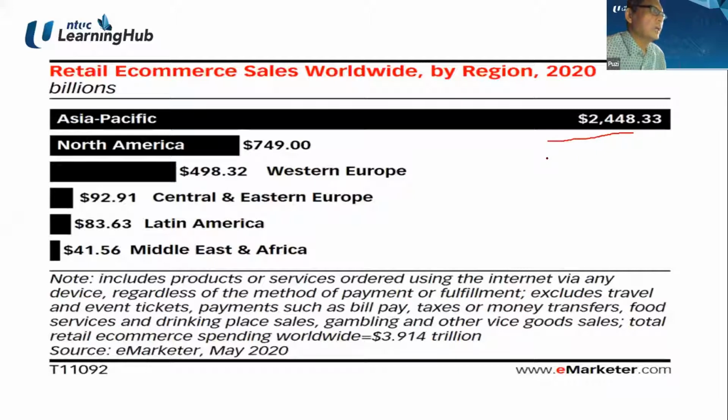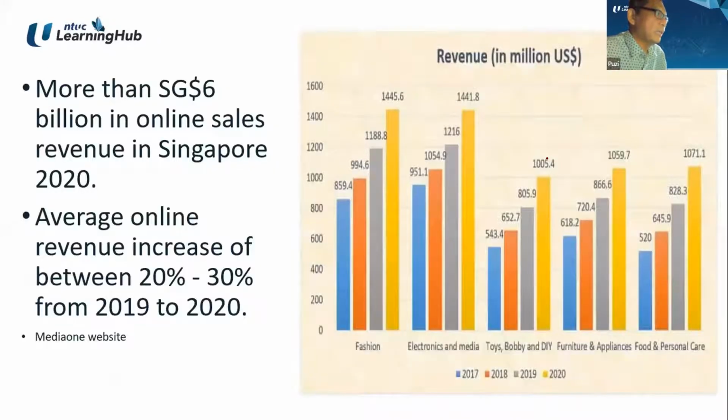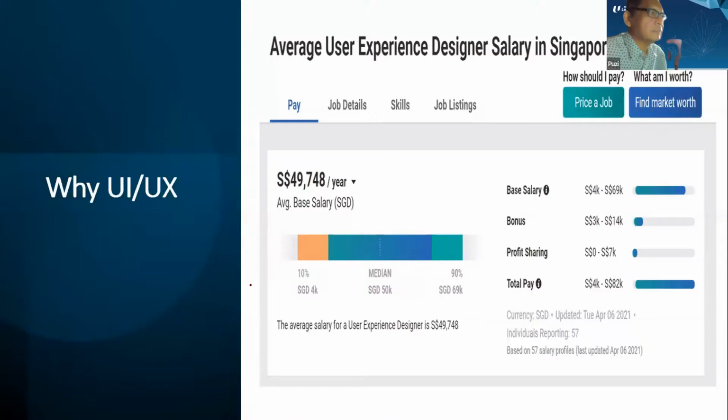Okay, so the action is in Southeast Asia. That's why we need more UI UX designers in Singapore and also the region. And in Singapore alone, our online sales grew to $6 billion just in 2020 alone. Okay, so on average, it has been growing about 20 to 30% for the past 2 years.